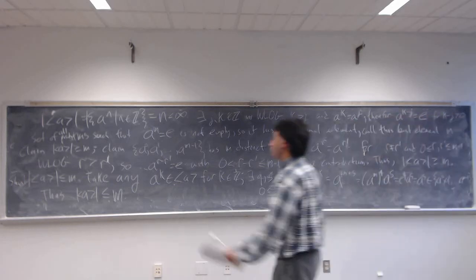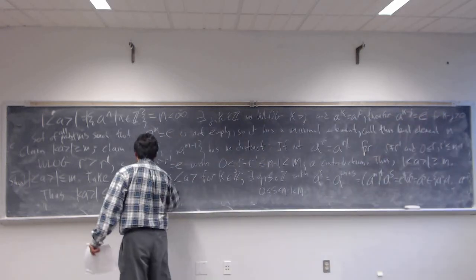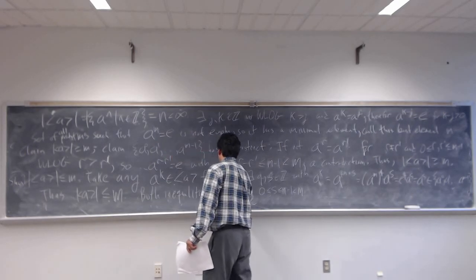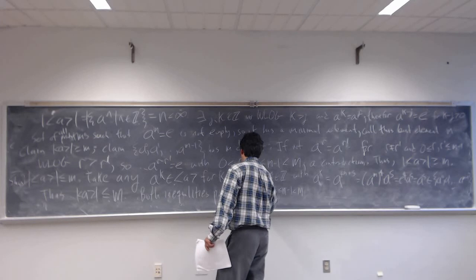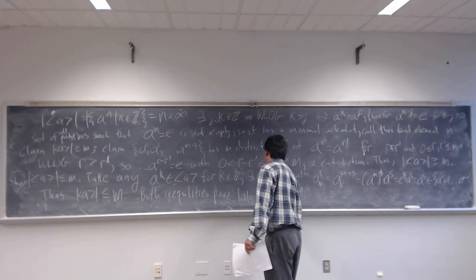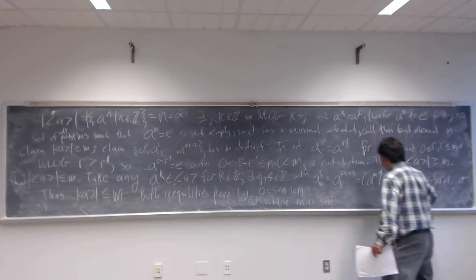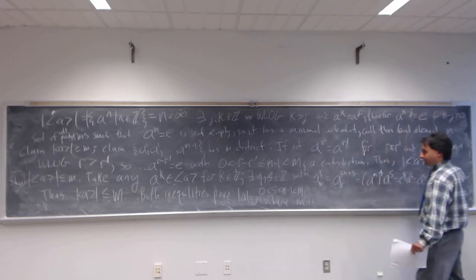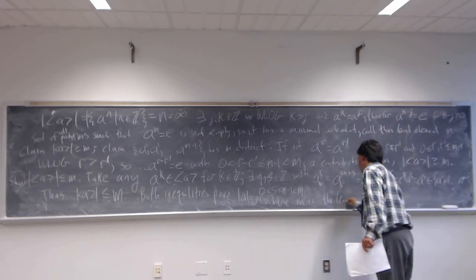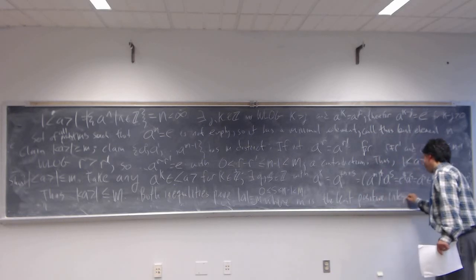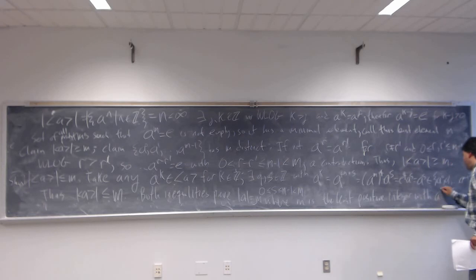And so both inequalities together prove the theorem, that the order of the element a is just m, where m is the least positive integer that brings us back to the identity.